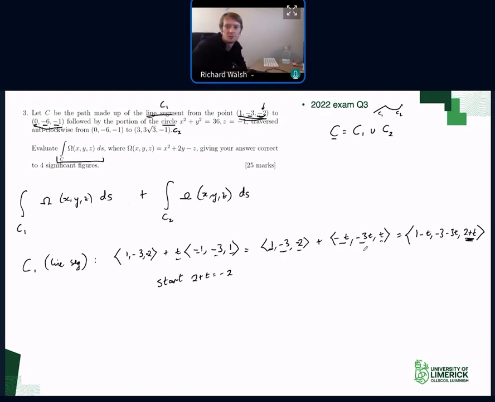In the question, it wasn't plus 2, it was minus 2. So minus 2 plus t has to equal minus 2. So t has to equal minus 2 plus 2, which is 0. So I know the start t value for this parameterization is 0. The end t value, so as this line tracks along, I want the very last point of minus 2 plus t to equal minus 1.